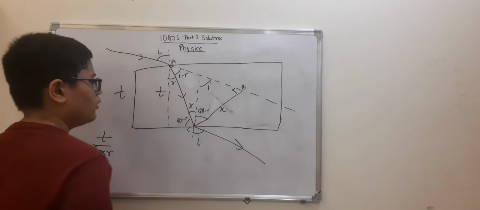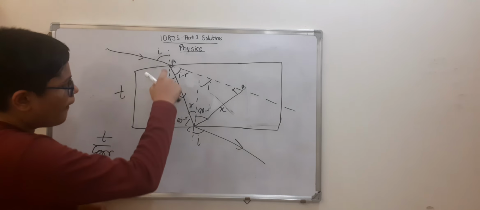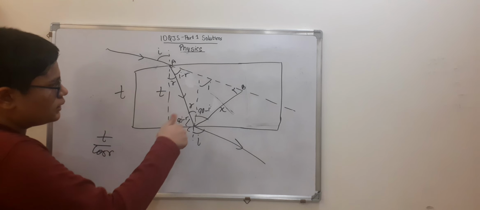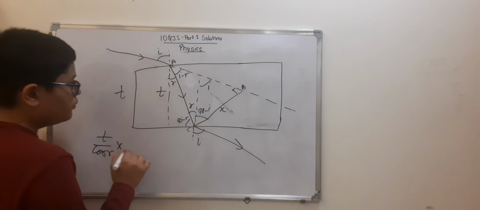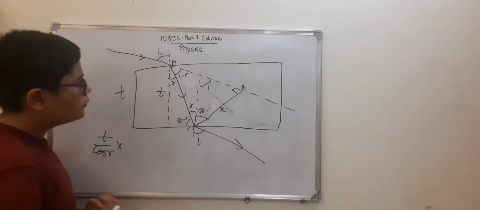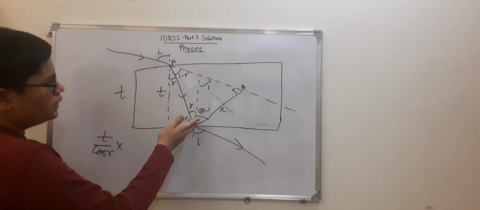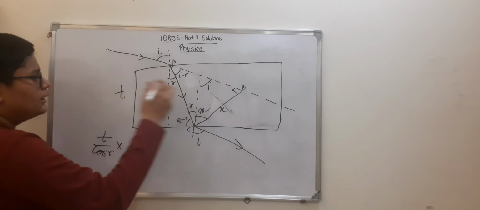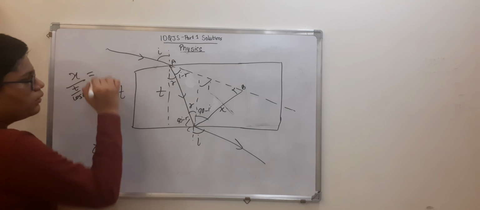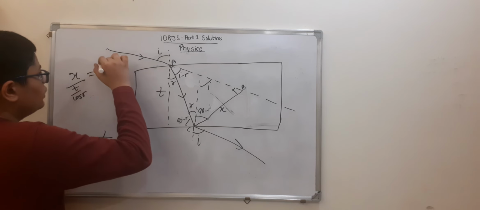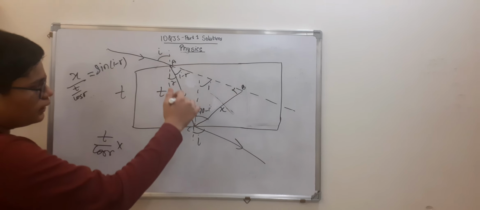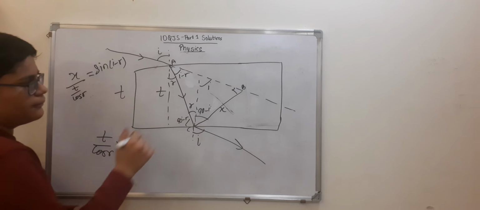So T upon cos R is this, and X upon T upon cos R will be sine of I minus R, that is sine BAC.